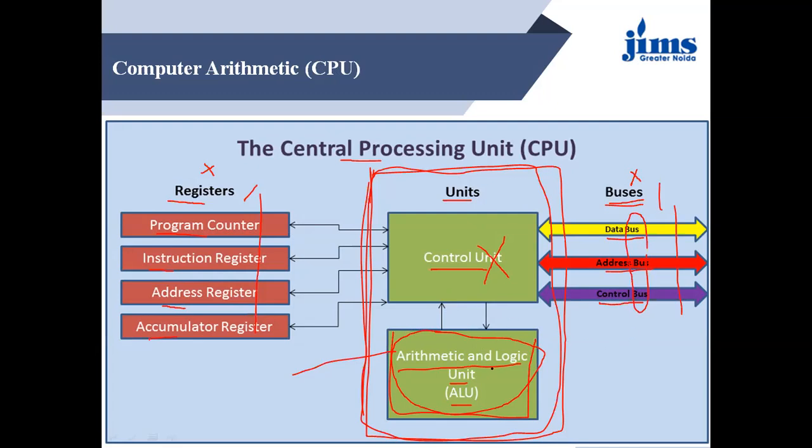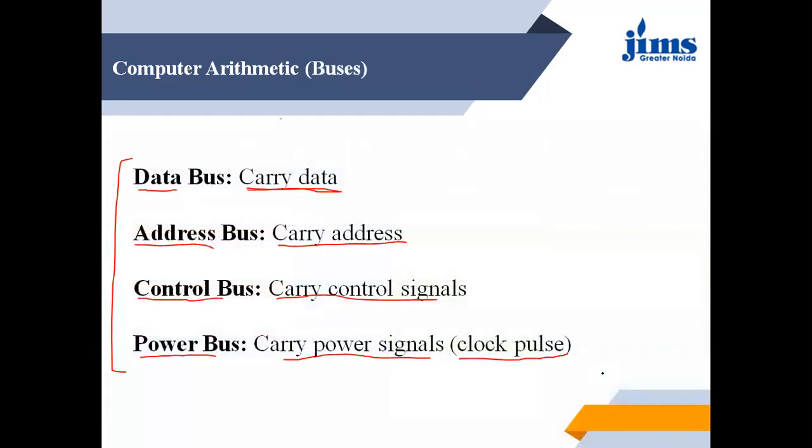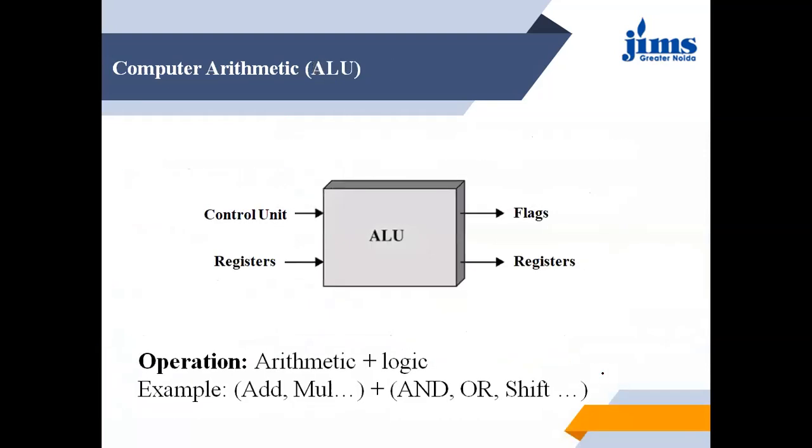So I am drawing the diagram of the arithmetic and logic unit, that is ALU, separately. This is the diagram of ALU. It is connected with the control unit as we saw in the last diagram, with some registers, input registers as well as output registers, and it has flags.